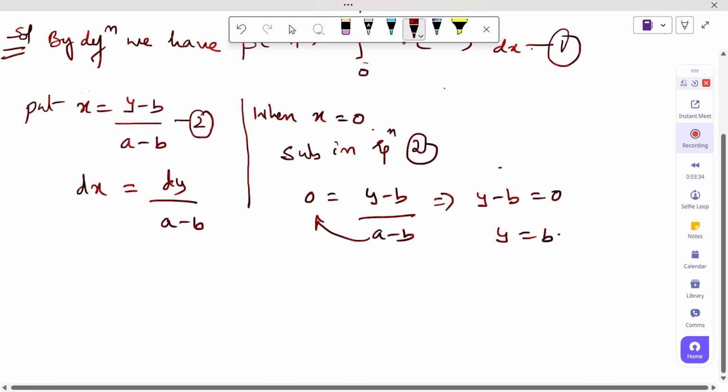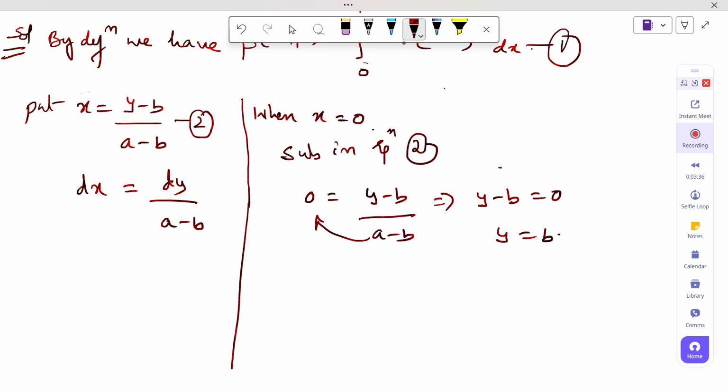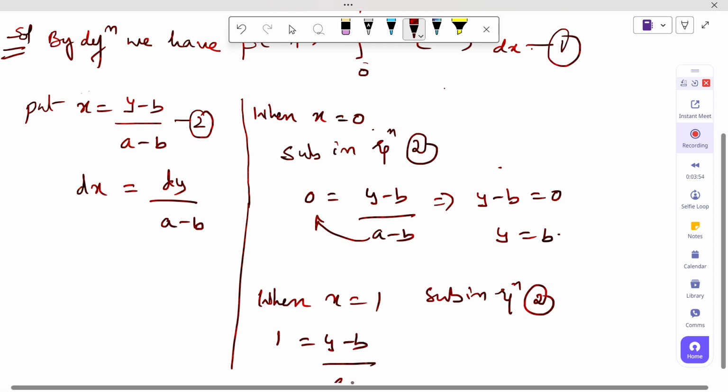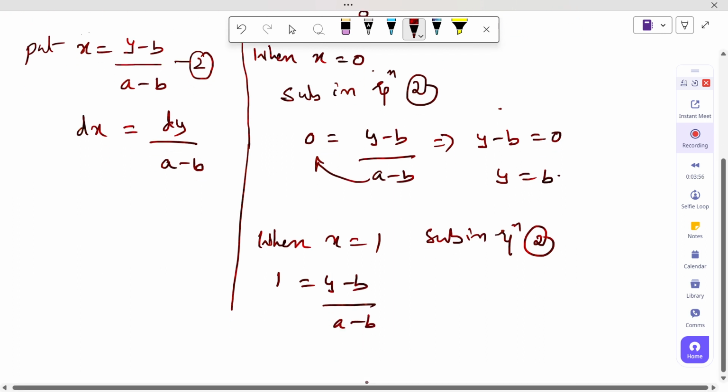Next, when the upper limit x is equal to 1, again substitute in equation number 2: 1 is equal to (y minus b) divided by (a minus b).